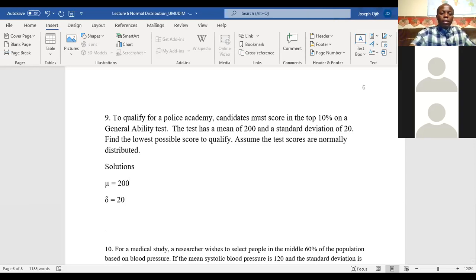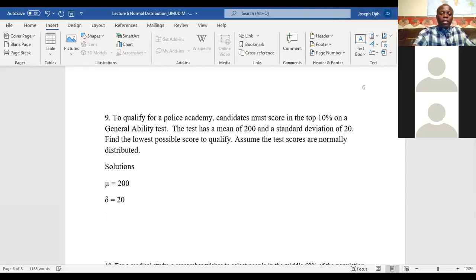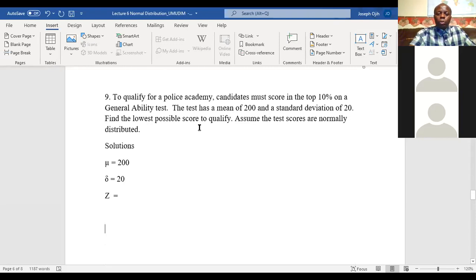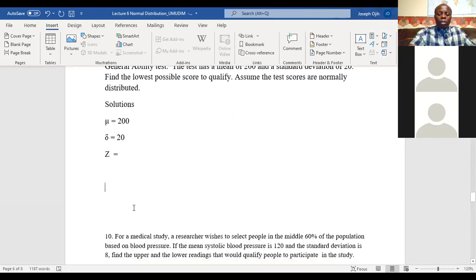Now, the first thing is to figure out what our Z is. Once we get our Z value, we can calculate the lowest possible score to qualify. To get that Z value, we need a chart.